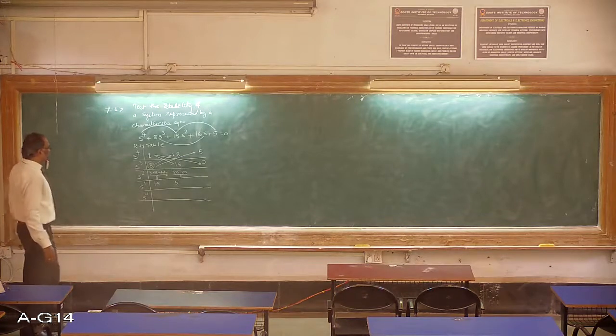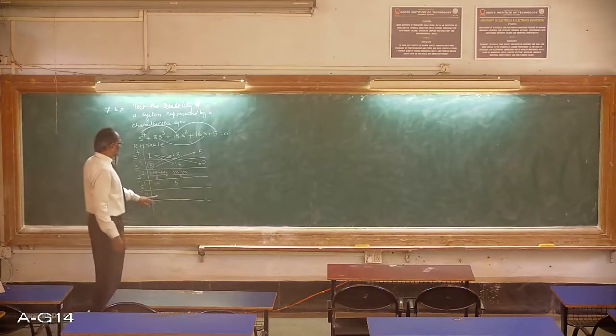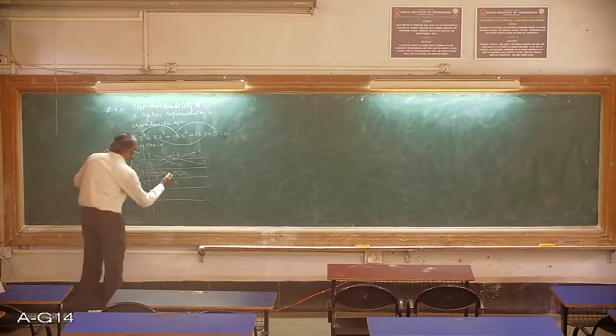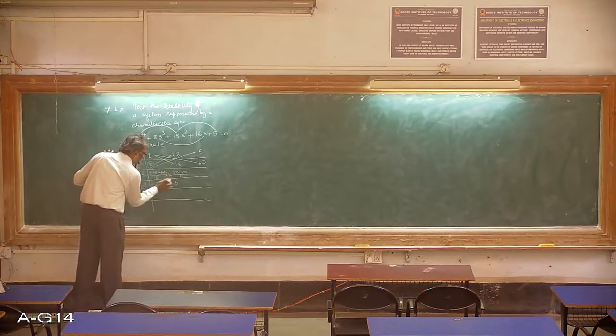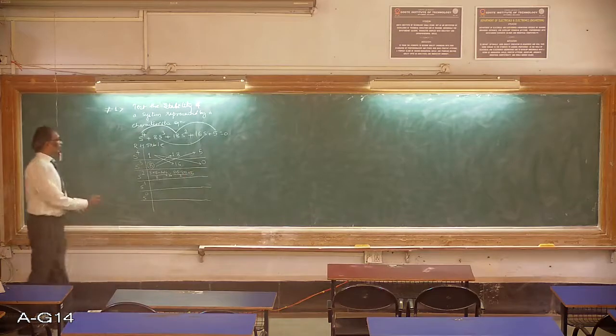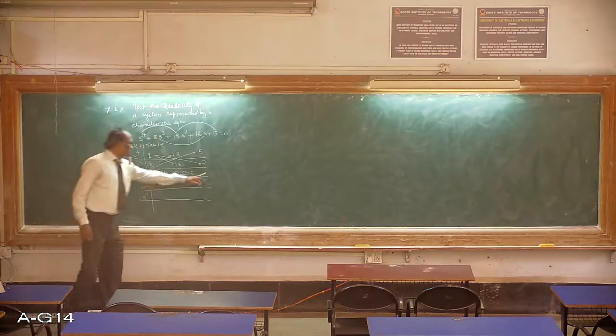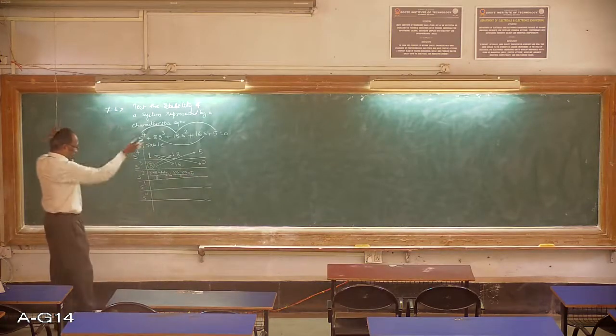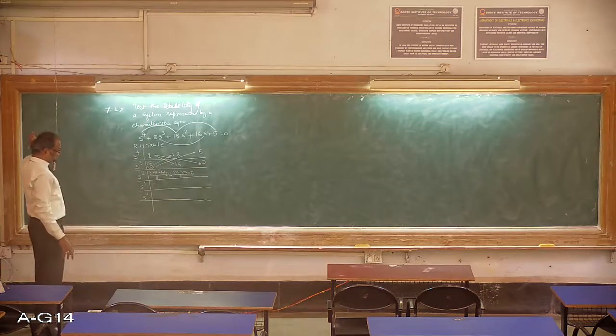Now you need to write this is equal to 16, and this is equal to 5. Now there will be no term here; that will be 0 because no determinant can be formed.